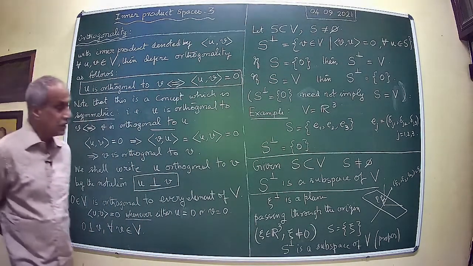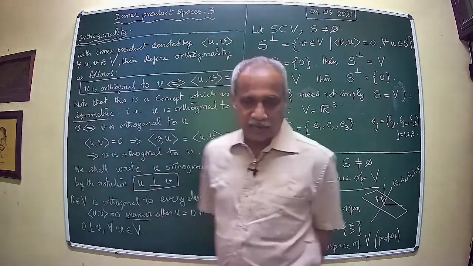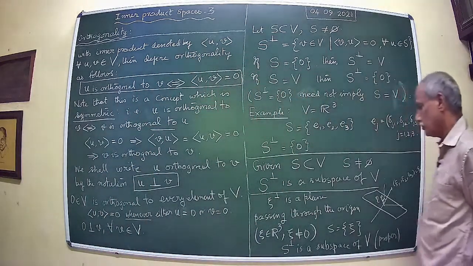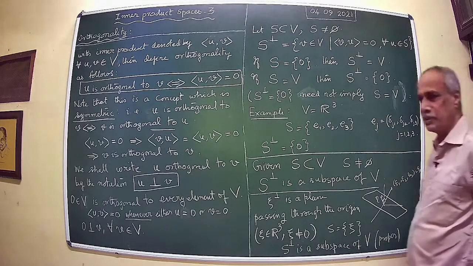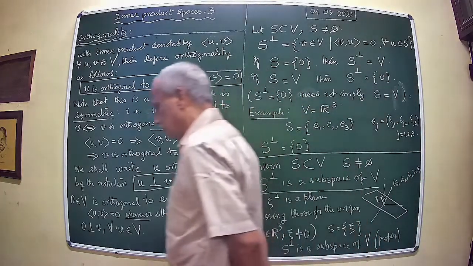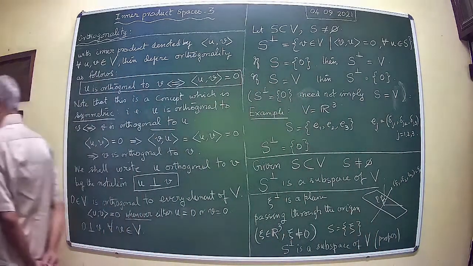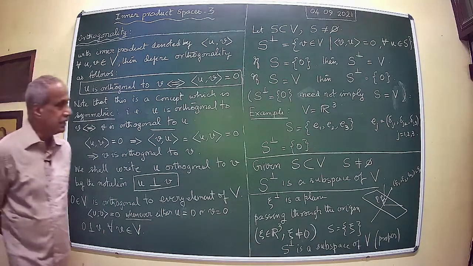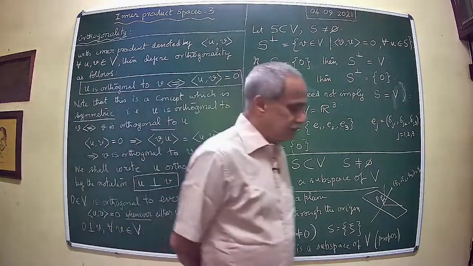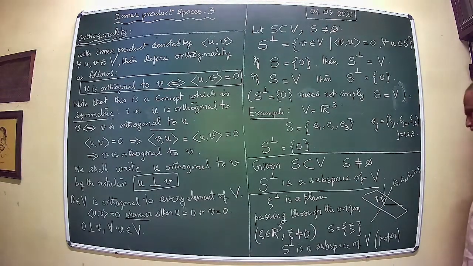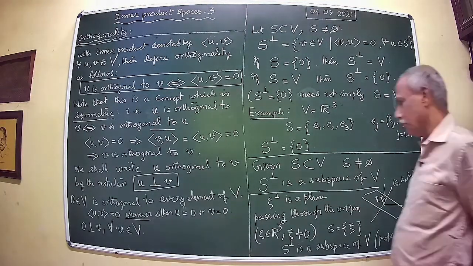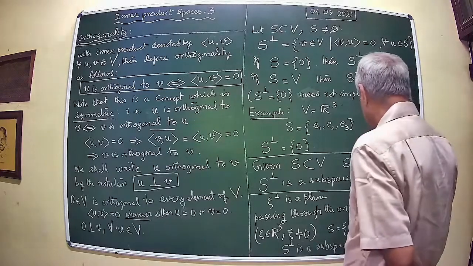But this is a non-trivial subspace, and whenever psi is not equal to 0, the corresponding S perp is a two-dimensional subspace of V. So we have a similar concept in the general scenario that we will examine. Okay, so you now have the concept of S perp.